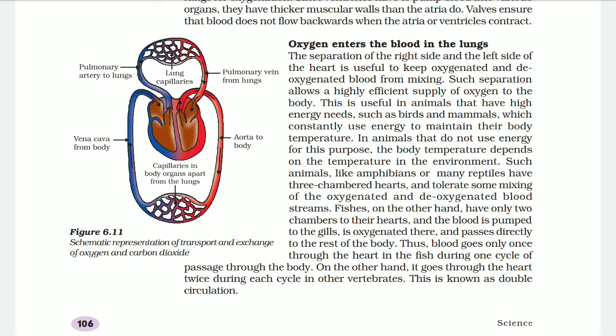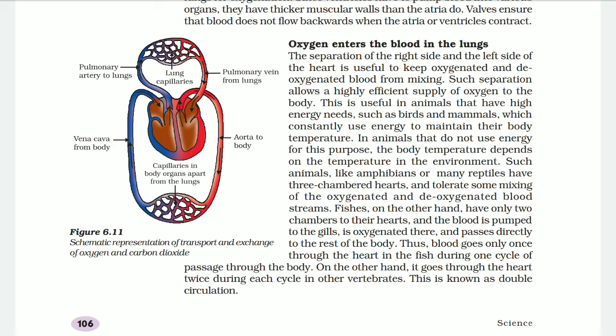In animals that do not use energy for this purpose, the body temperature depends on the temperature in the environment. Those animals, like amphibians or many reptiles, have a three-chambered heart and tolerate some mixing of oxygenated and deoxygenated blood streams.